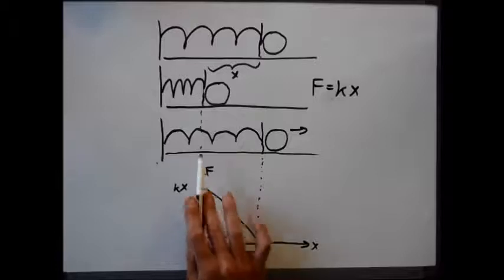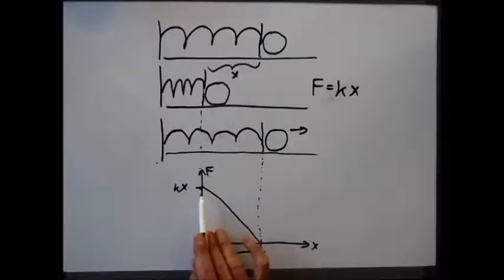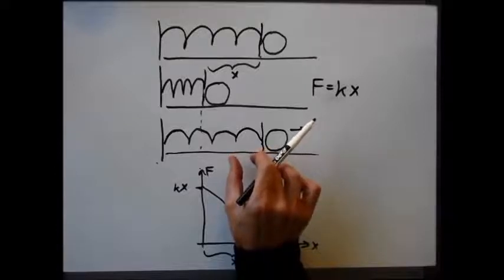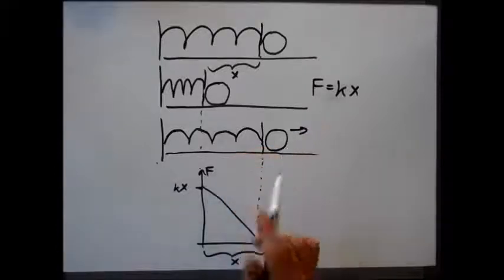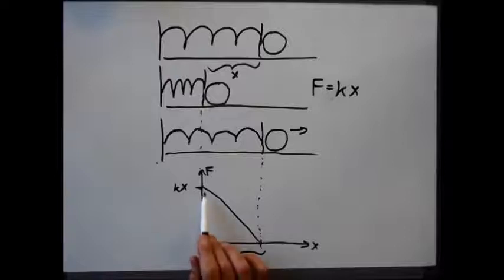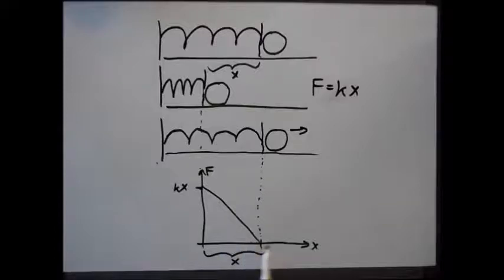Then as the spring moves outward, the force it's applying is smaller and smaller because the distance from equilibrium is steadily decreasing. Eventually, when the spring gets to here, the ball is leaving it and the force due to the spring is 0. So as we move along this curve, as the spring moves forward, the force is steadily decreasing.